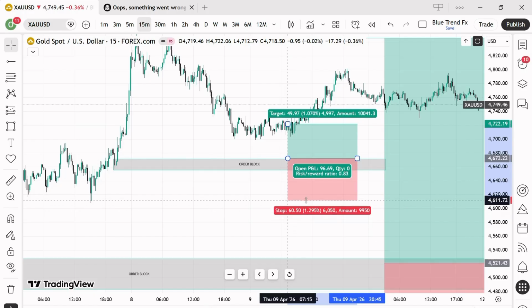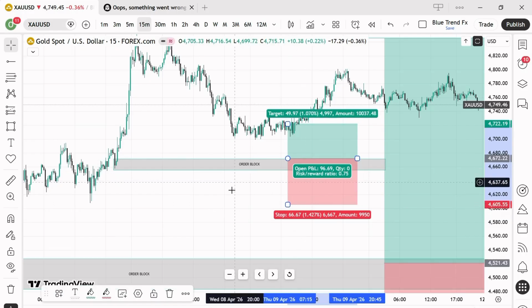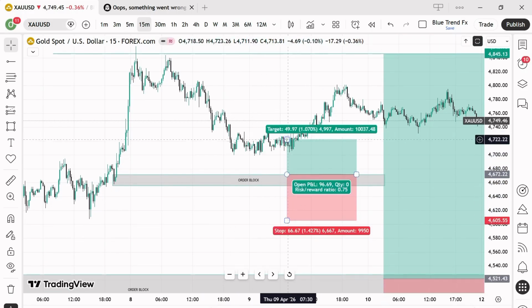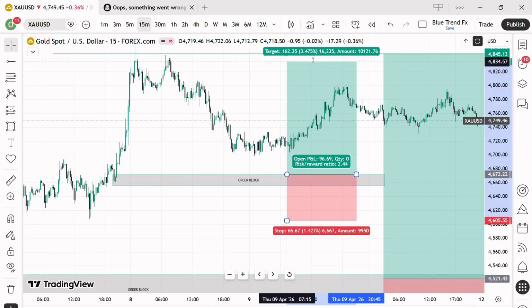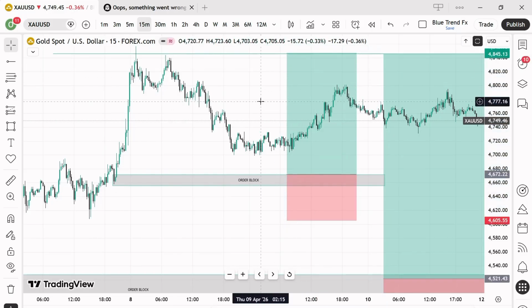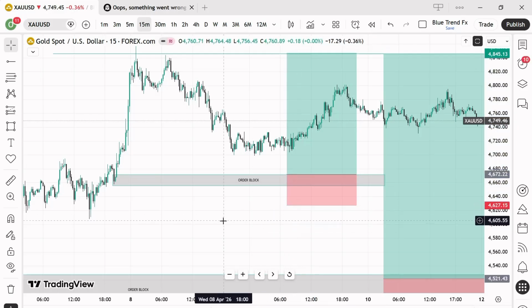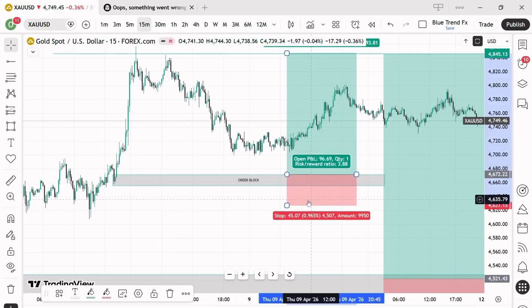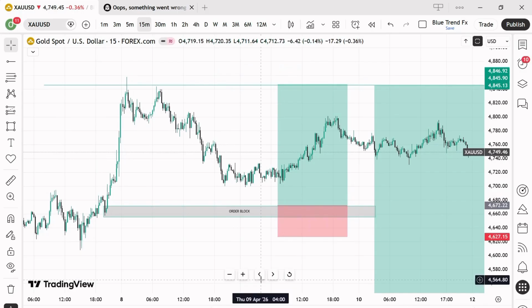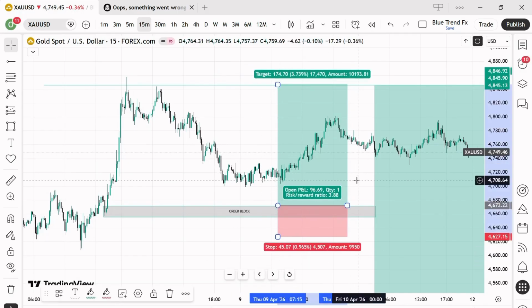Then this is the safest region I would have advised to keep your SL, right here. Yeah, this is the safest region to place your SL, and TP is gonna be right there.